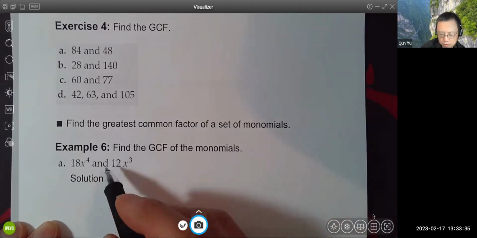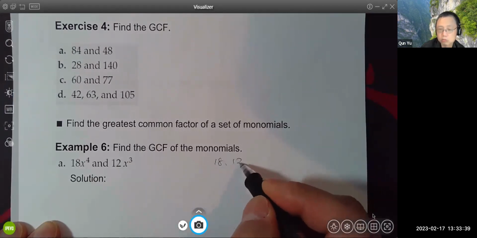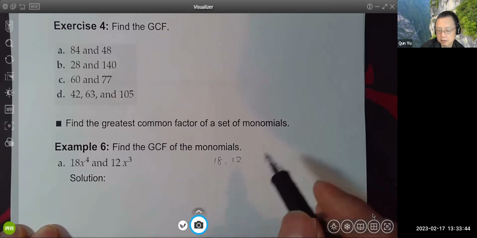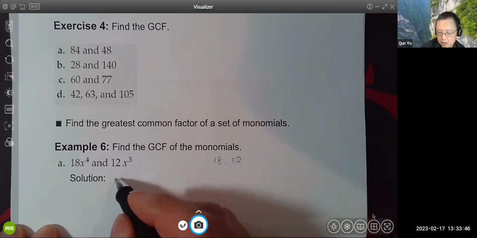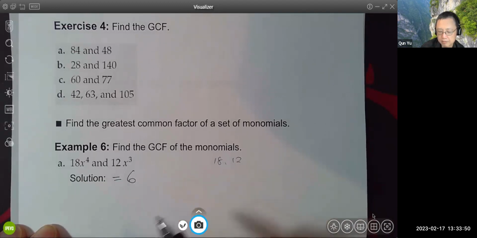Now, we do this separately. We do the number first. Between 18 and 12, these two numbers are small enough. You can see they all can be divided by 6. 6 is the largest number that can do that. So our numerical part of the greatest common factor is 6.